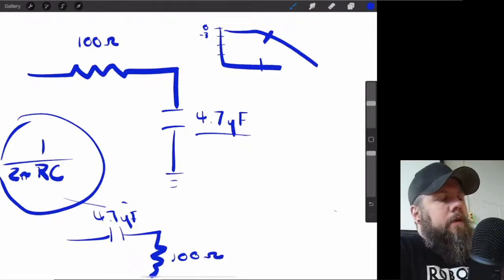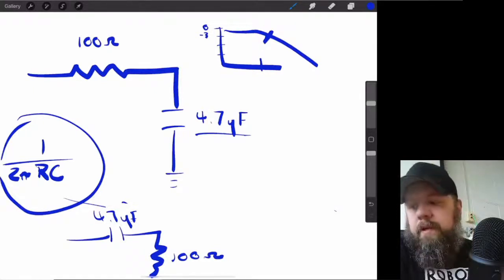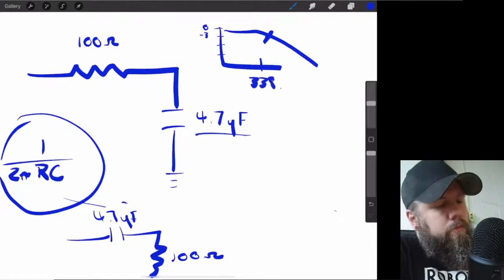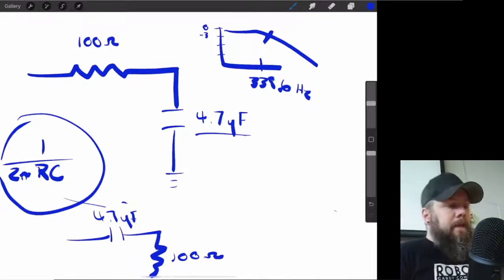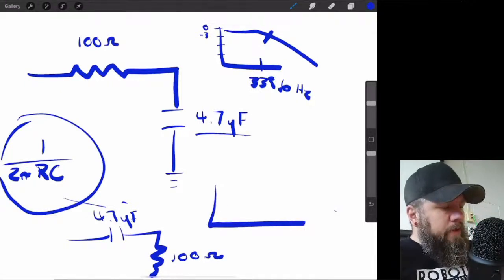But this cutoff frequency, where it's at half the power, right, is going to be that 338 and some change. And that's going to be in frequency or hertz. Okay. Now, what's the other going to look like?